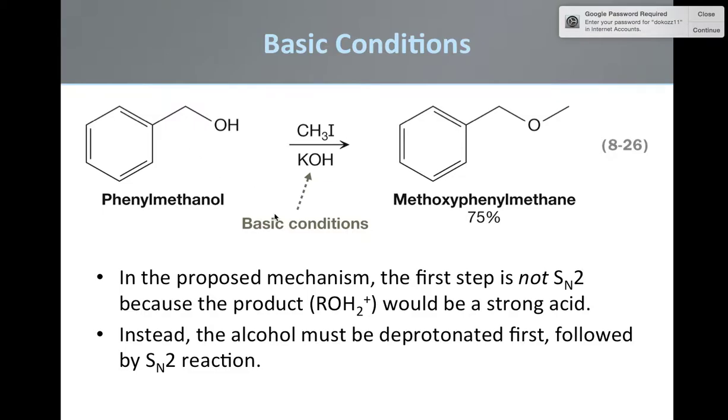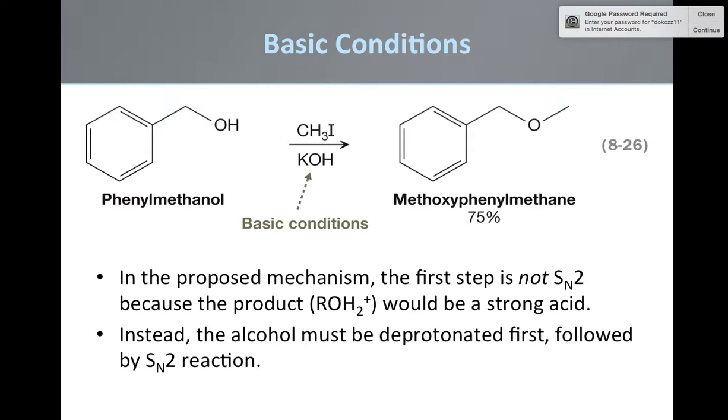Now let's take a look at a second reaction that's emphasized in Chapter 8 of the Carty text. This is going to be a substitution reaction. We are going to react phenylmethanol with methyl iodide and KOH, which accounts for the basic conditions, and we're going to convert an alcohol to an ether.